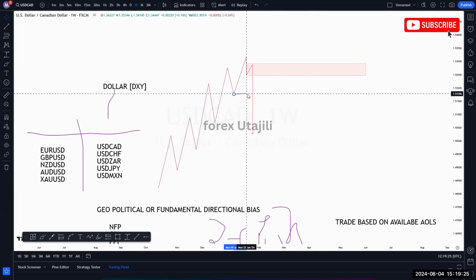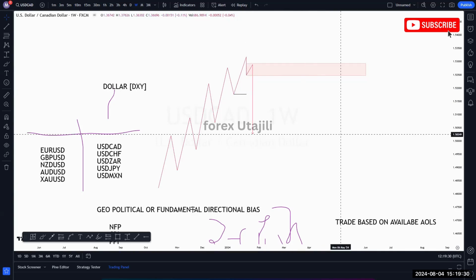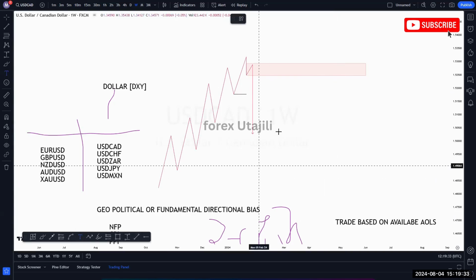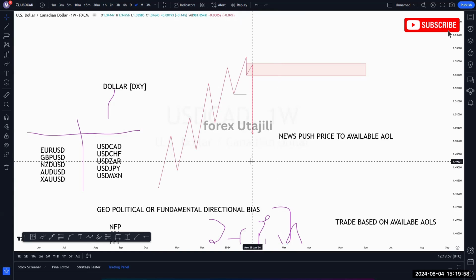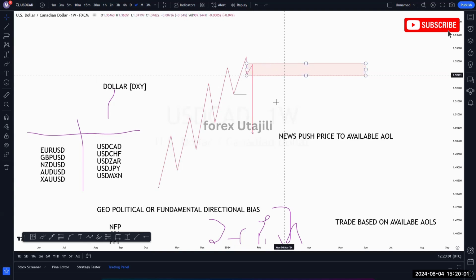If we are trading news, the news pushes price to the available areas of liquidity.